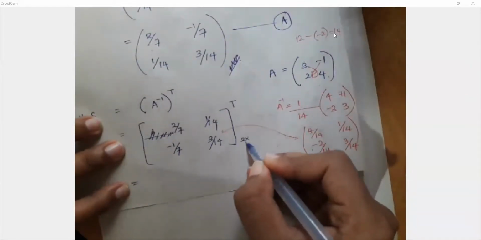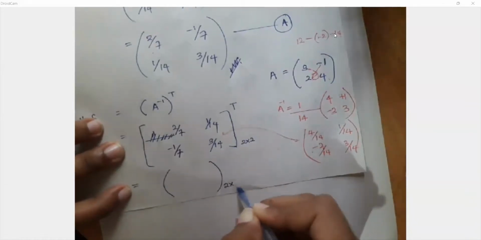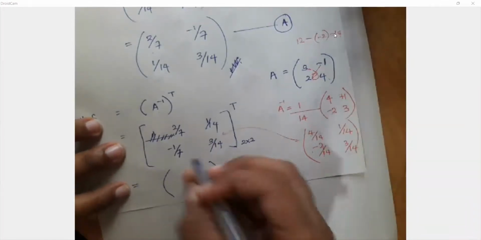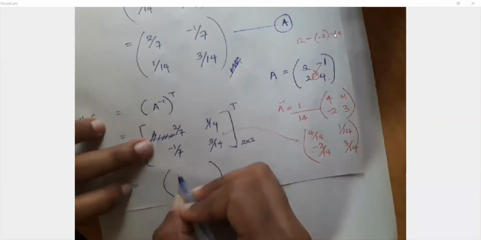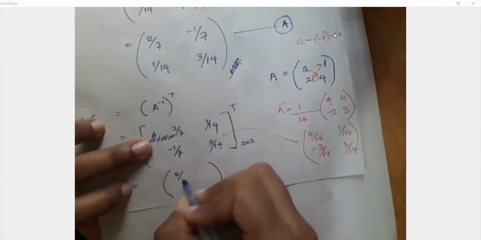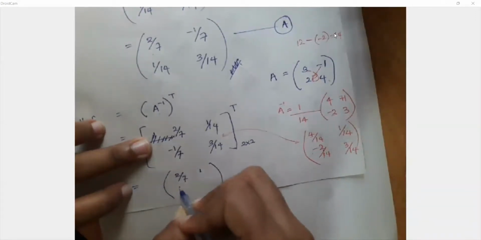Now, can someone tell me the transpose? This is a 2 by 2, that means our final matrix will also be a 2 by 2 matrix. Can someone tell me the first row and the second row? 2 over 7, 1 over 14, minus 1 over 7, 3 over 14.